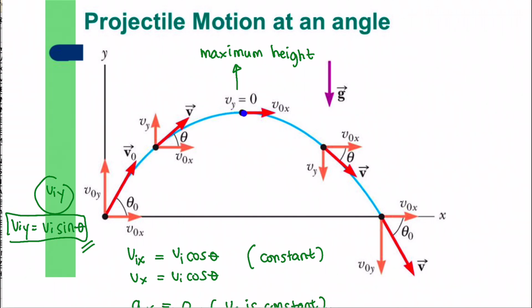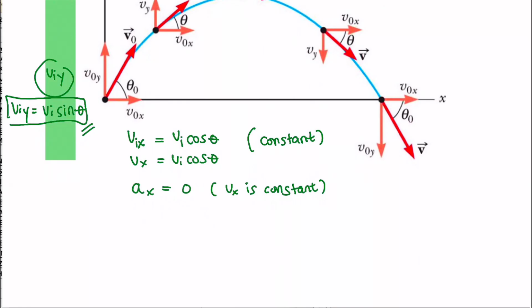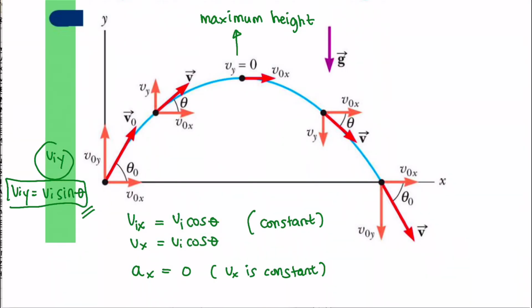However, as the projectile starts to go down, the vertical velocity increases, but in the negative direction. Then we could say that the vertical component of the velocity, Vy, is changing.